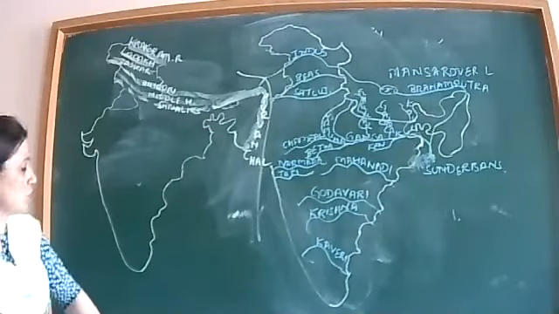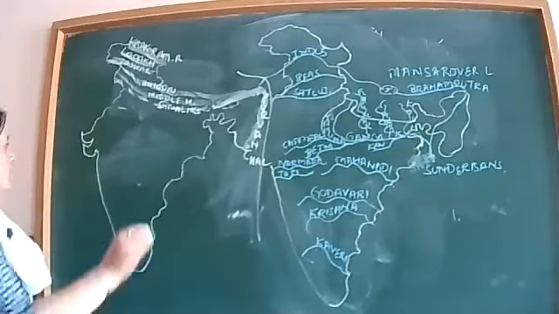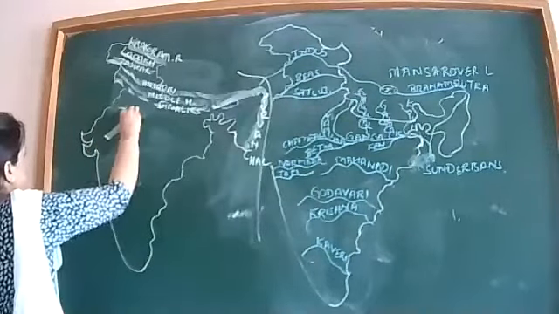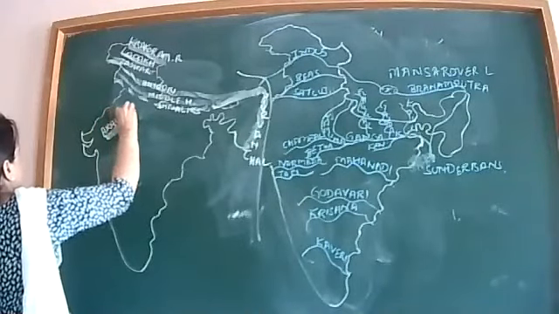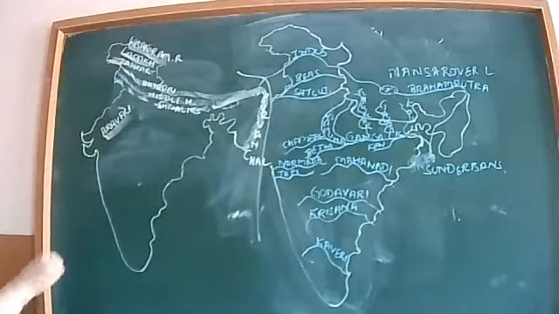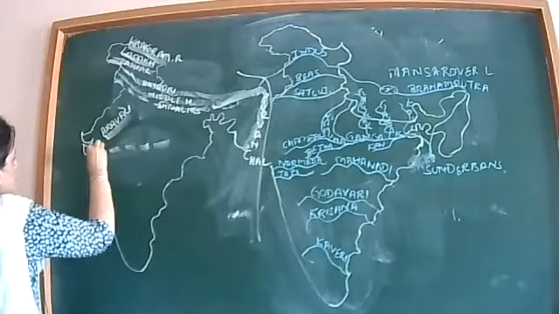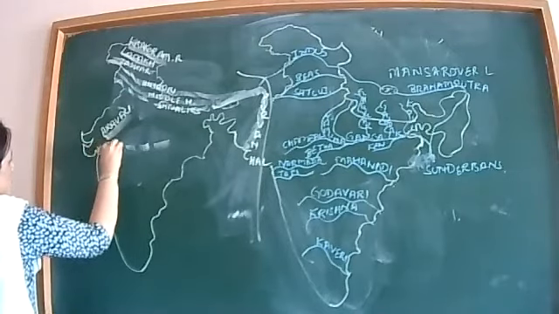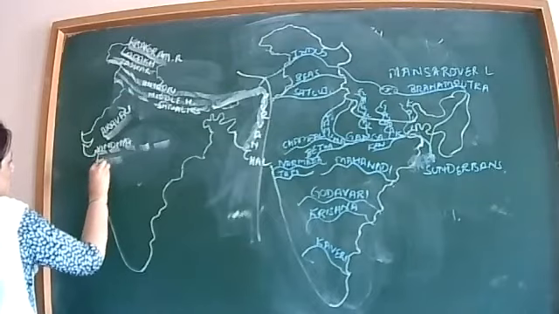Now, next, here I'm making just ranges. Aravali. This is approximately here. Then we have Vindhyachal. Below Vindhyachal, we have Satpura.